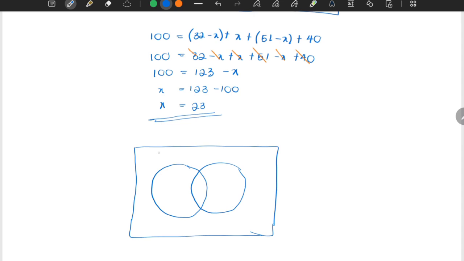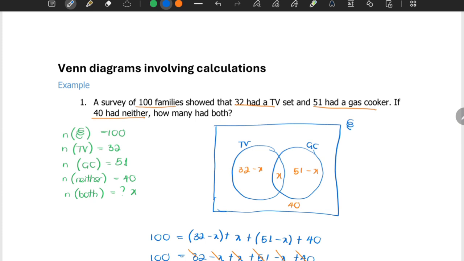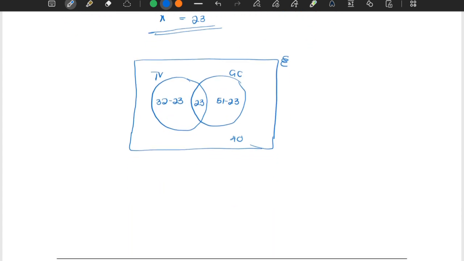So we had TV, we had gas cooker, and we had the universal set. We had 40 had neither. We had 32 minus 23, because now we know what X is, and 51 minus 23. So I've just taken this Venn diagram and put 23 where X is, because now we have found that. This is part of the proof.